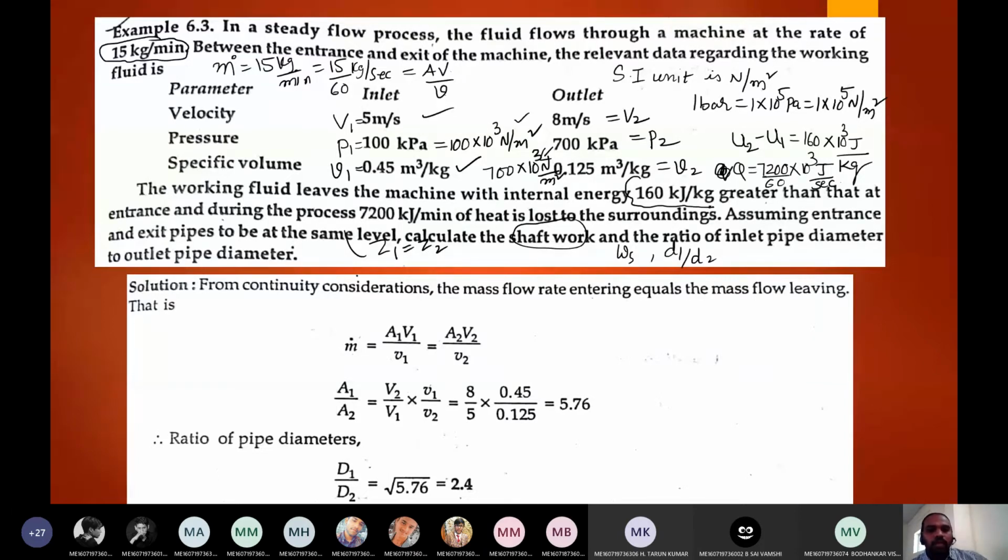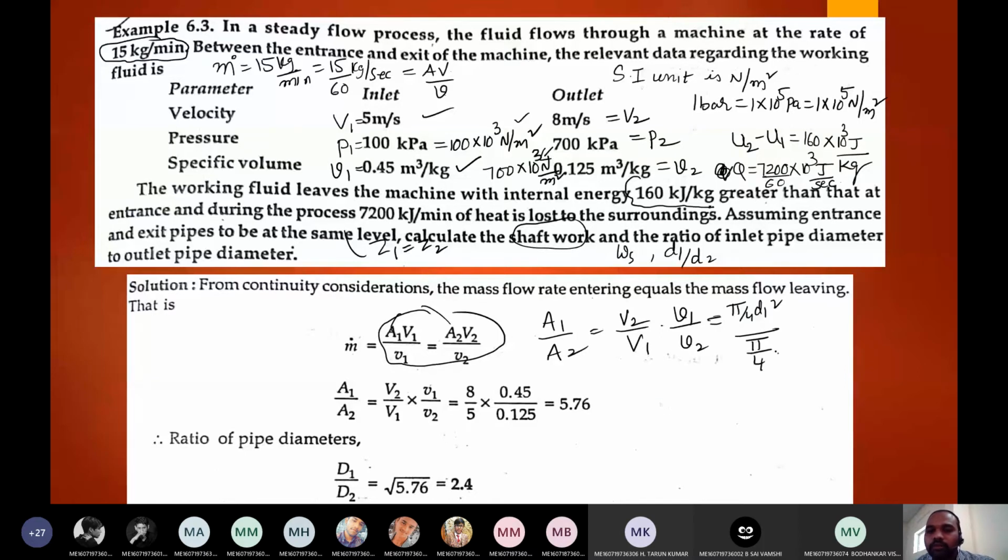So mass flow rate is given. Again, mass flow rate, velocity and specific volumes are there at inlet and outlet. You can see this is the mass flow rate equation. The unknowns are only A1 and A2. From this I can write A1 by A2 equals V2 by V1, the velocity, into small v1 by small v2, the specific volume. A1 is nothing but pi by 4 d1 square, and A2 is pi by 4 d2 square.